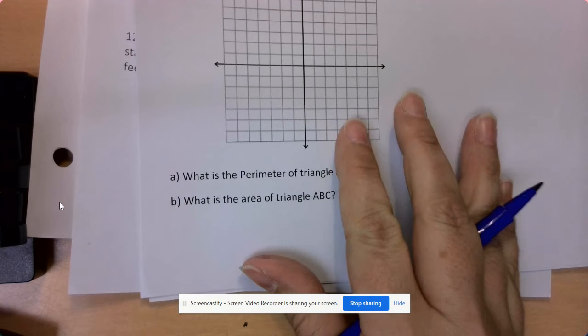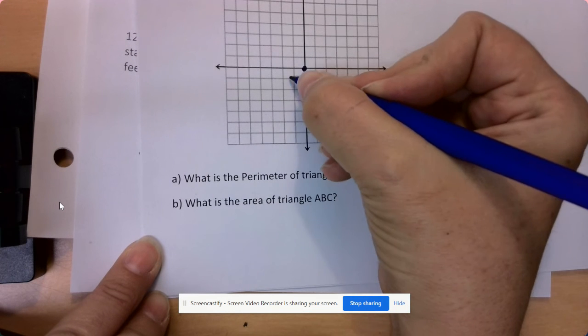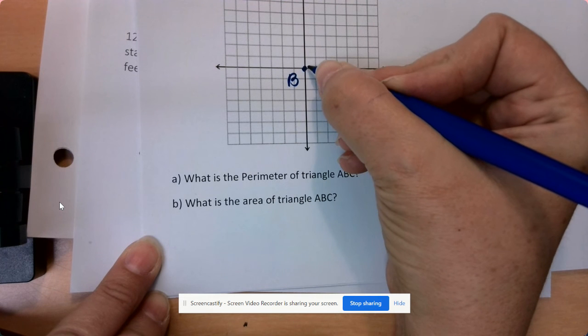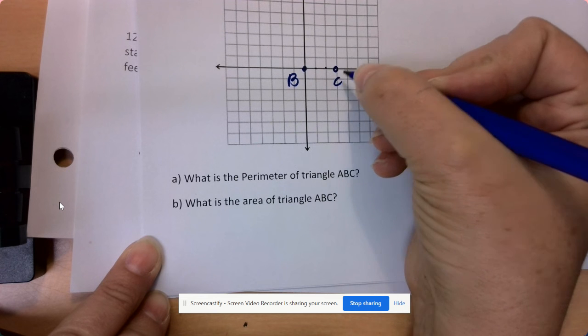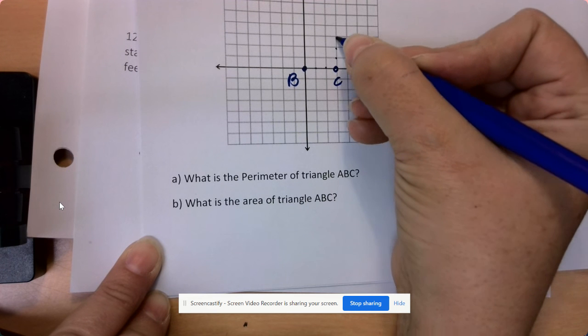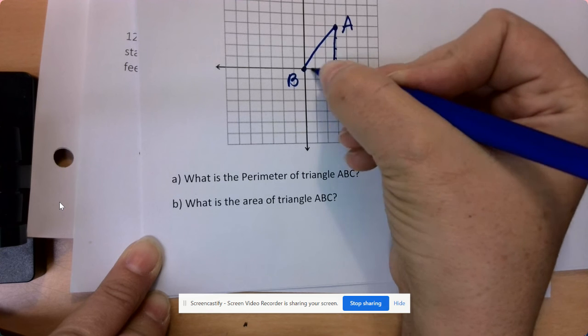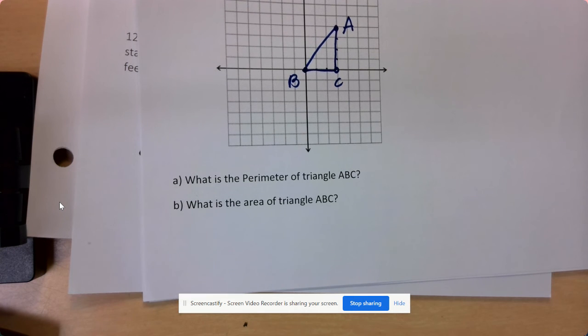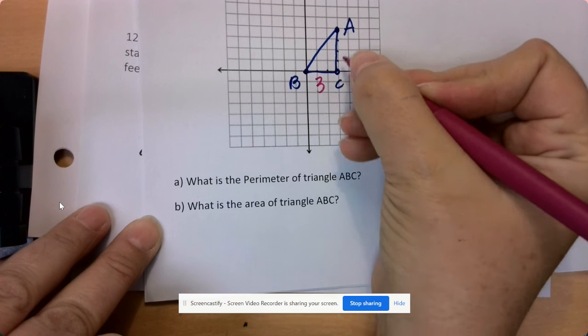Okay, find the perimeter and area, everybody, for a triangle. So B is right here at 0, 0. C is right here at 3, and 4 is where A is. Okay, so this is 3 and 4.